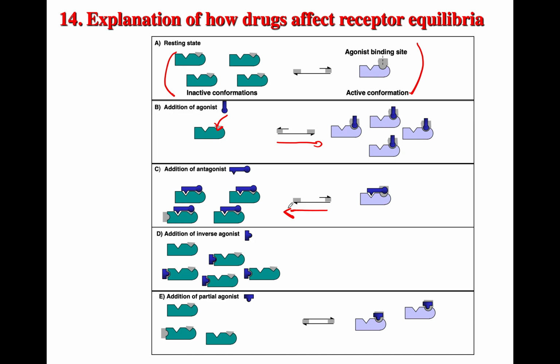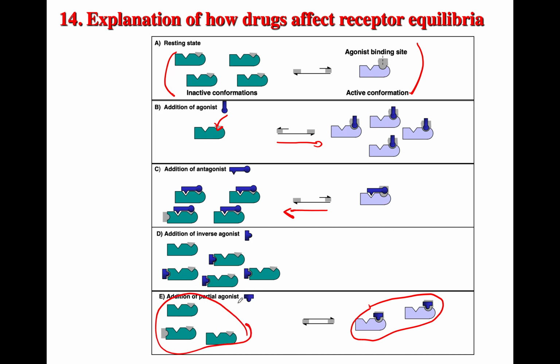The partial agonist is going to have both the active and the inactive in equilibrium again. So you're going to have to really look at, almost like, comparing the agonist activity versus the antagonistic activity.